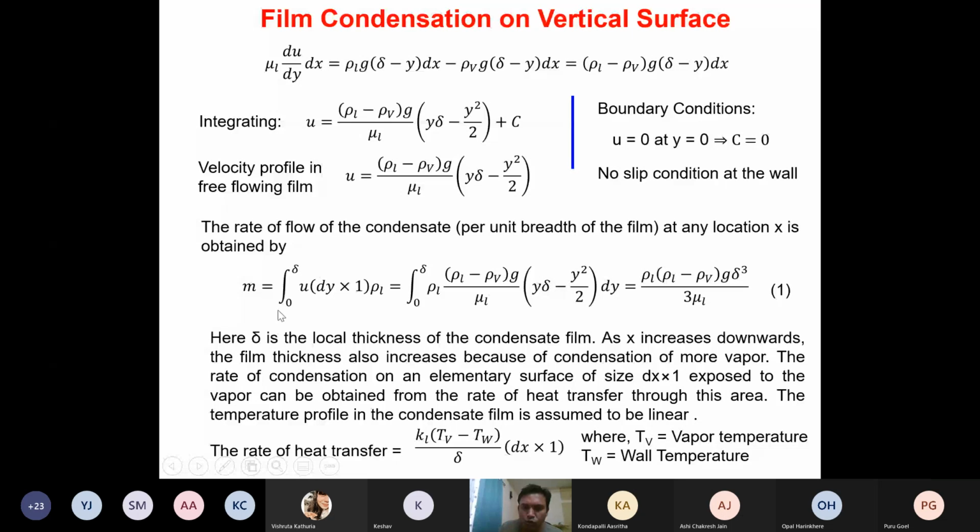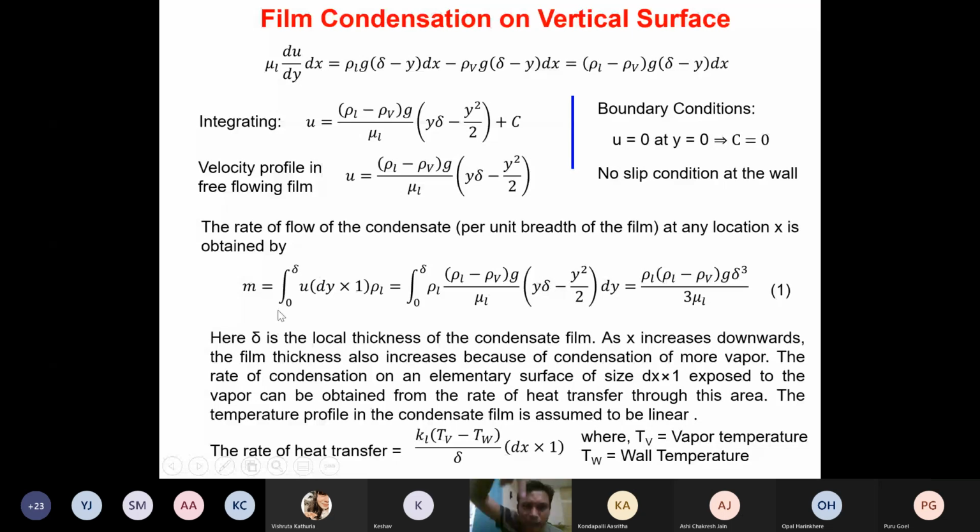At any location x, if you look at this velocity profile, we have obtained it only for a particular x, and as we move from x equals 0 to x, this delta is varying, isn't it? So in this case, the mass flow rate at any location x can be obtained as the integration from 0 to delta of u multiplied by cross sectional area.